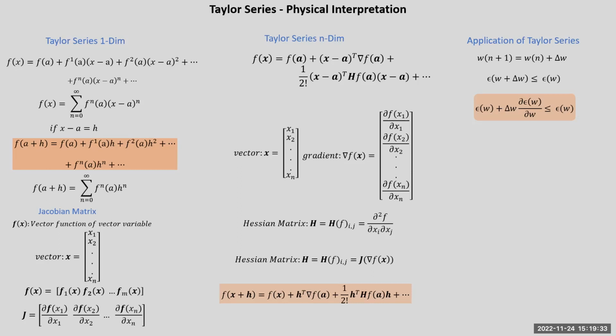Now here, how can one assure the left hand side term is less than or equal to the right hand side epsilon W, which is the error in the previous iteration?